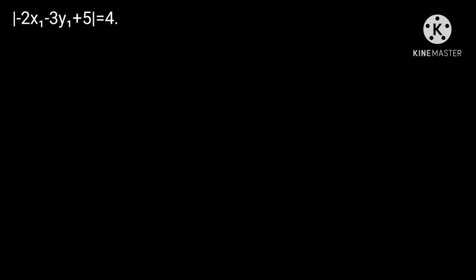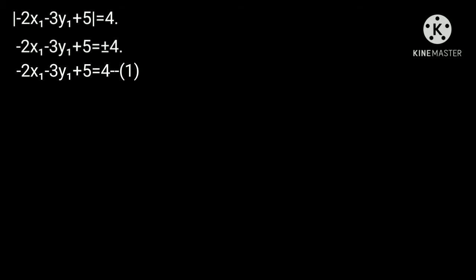Using the modulus formula, -2x1 - 3y1 + 5 = plus or minus 4. We have two equations: -2x1 - 3y1 + 5 = 4, equation number 1, or -2x1 - 3y1 + 5 = -4, equation number 2.